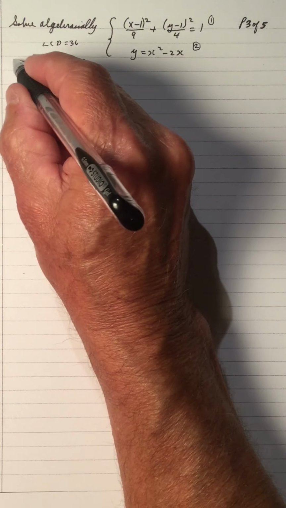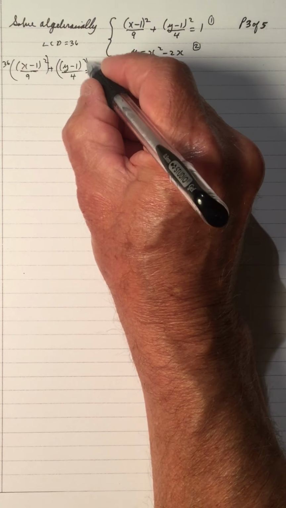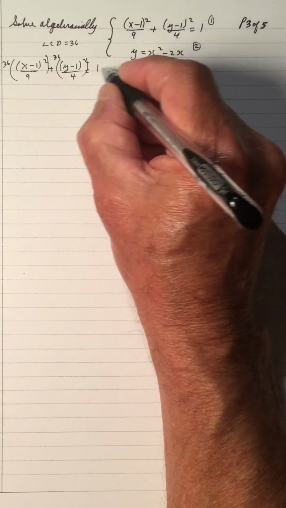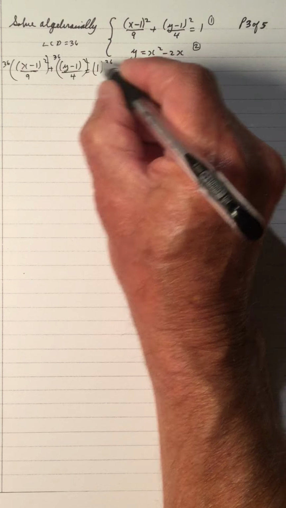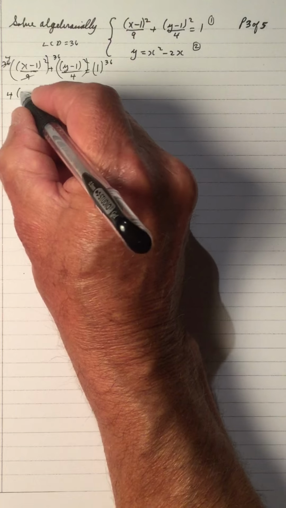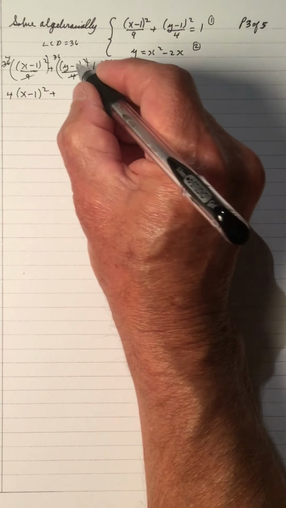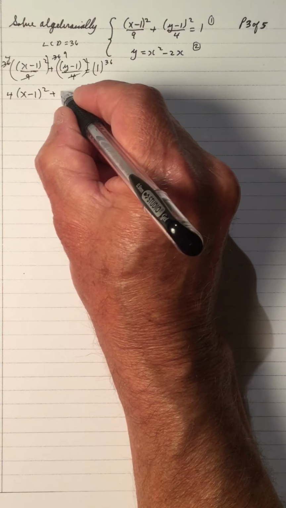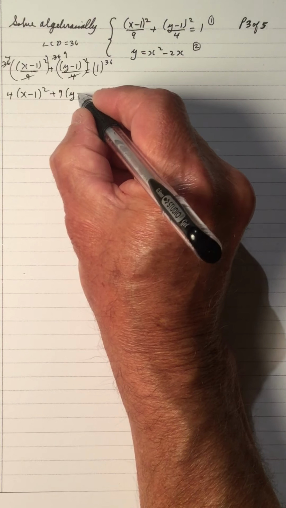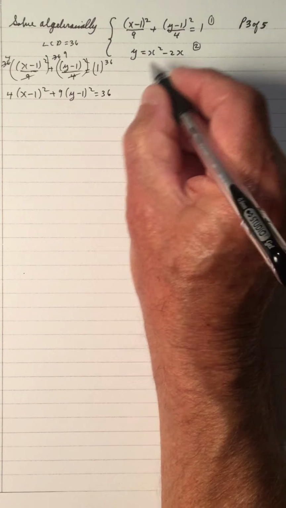What I like to do is multiply each part of the equation by 36, and that way we eliminate the fractions. 9 into 36 goes 4, so we get 4(x - 1)^2. 4 into 36 goes 9, so we get 9 times (y - 1)^2. 1 times 36 is 36.